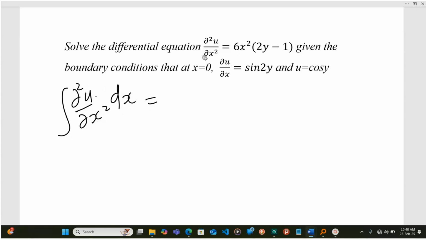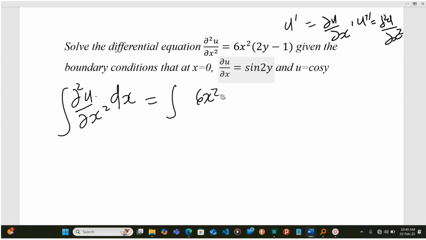This is only having x, so we shall assume that at first they differentiated with respect to x, and again they differentiated with respect to x. So that would mean that we shall be integrating 6x squared (2y minus 1) with respect to x.